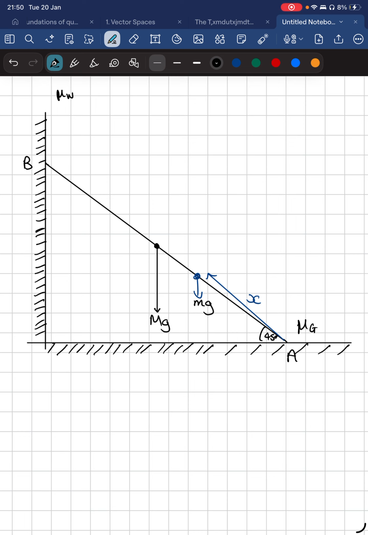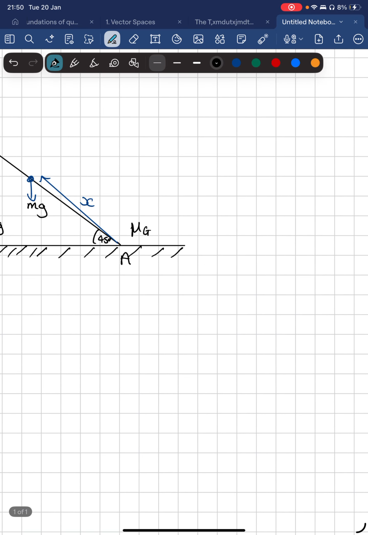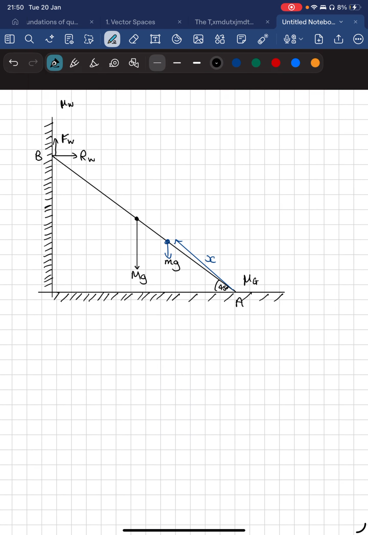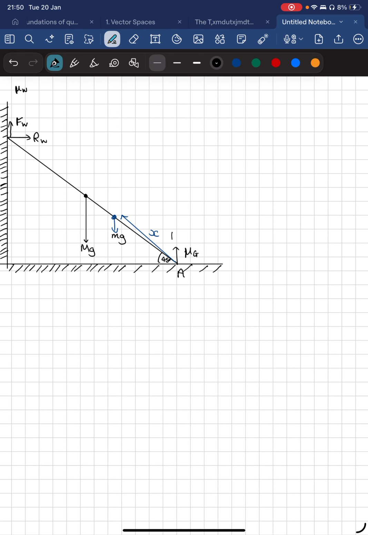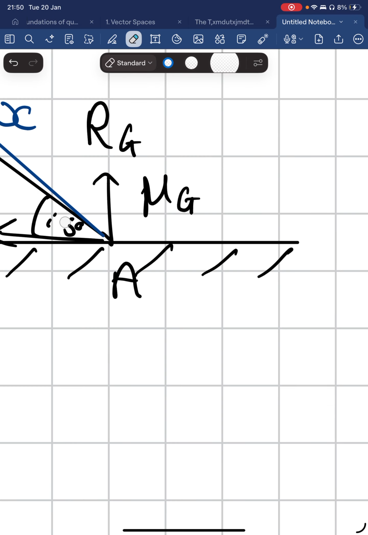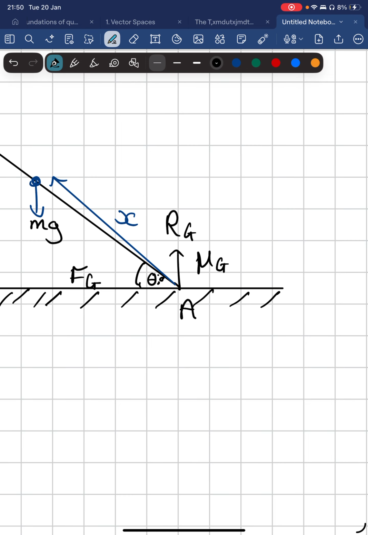And then we must have a reaction force at the wall. And as mentioned, we have a friction force which acts up at the wall, again against the direction of motion is the thing to remember. And then at the ground here, we have a reaction force acting upwards, and we have a force acting inwards, which we'll call Fg. And we're going to do this for an arbitrary angle, theta, to begin with.